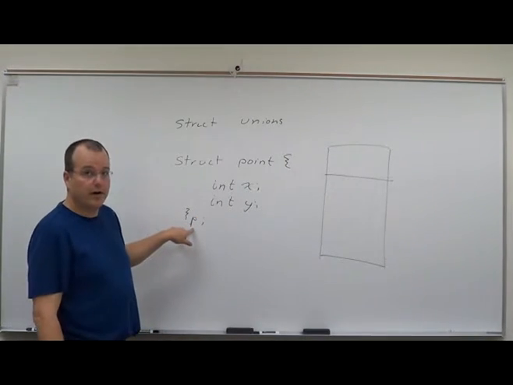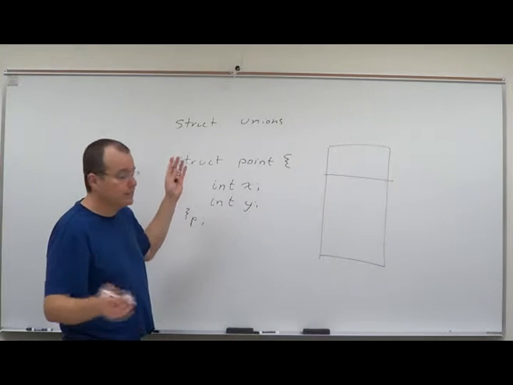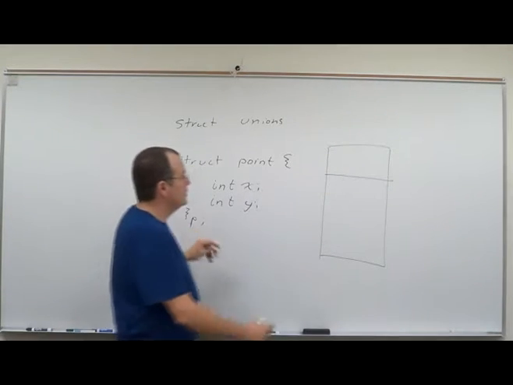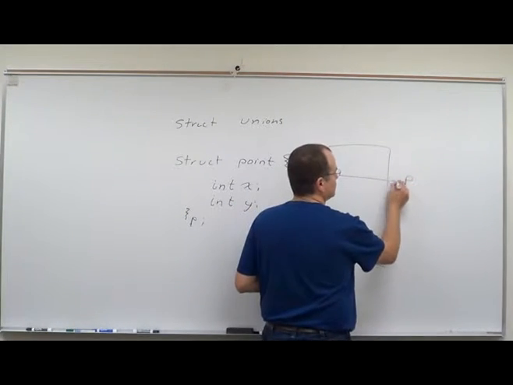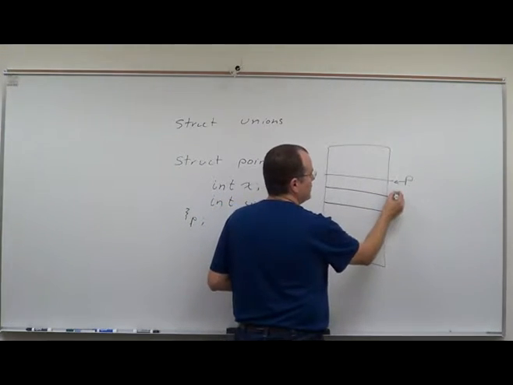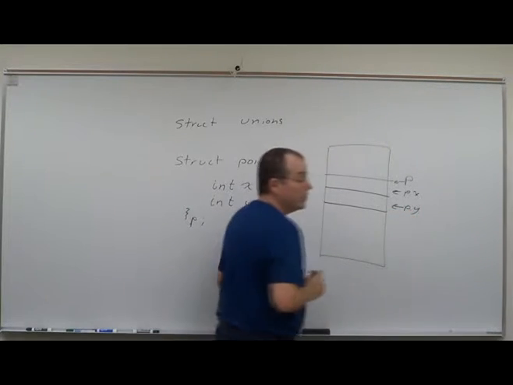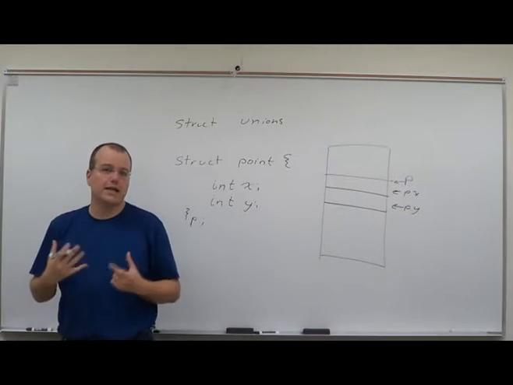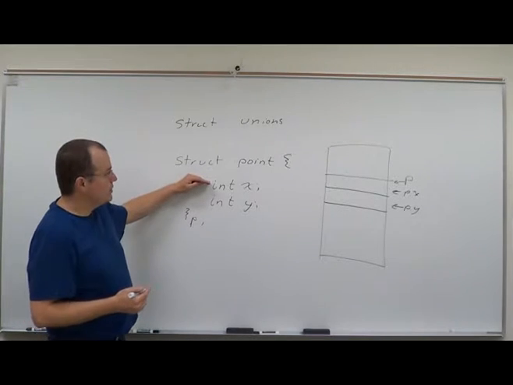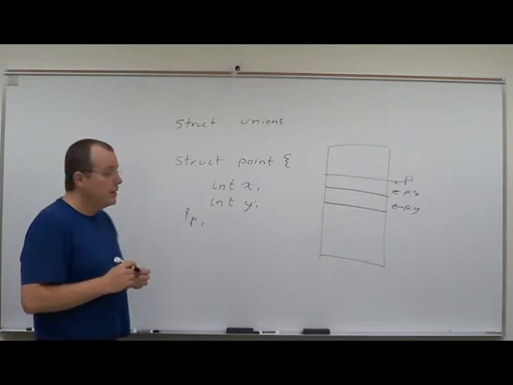This actually declares a variable called p of type struct point. I don't know why they did this. If p is actually right here in memory, this would be p.x, this is p.y. It does exactly what you'd expect. It puts the integer x first and the integer y right after it.